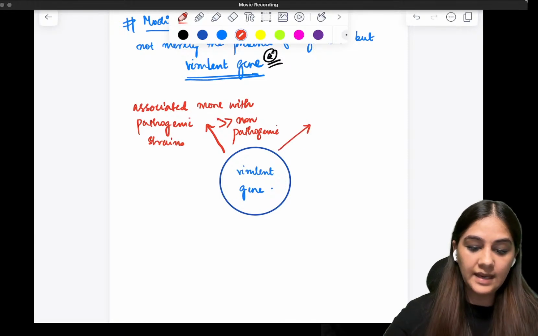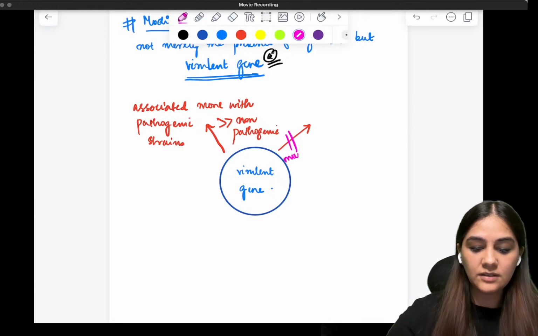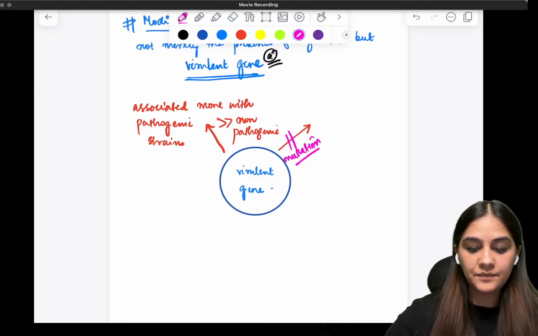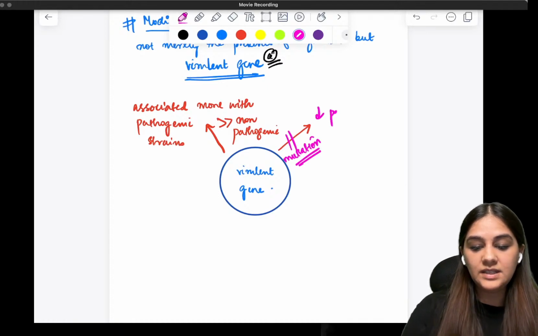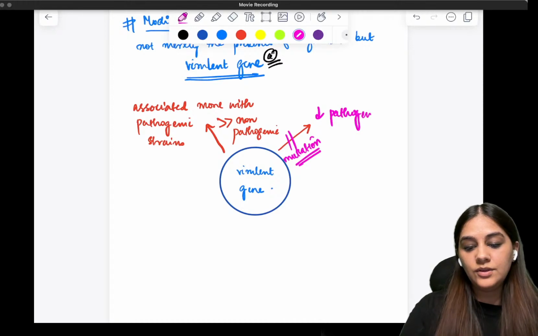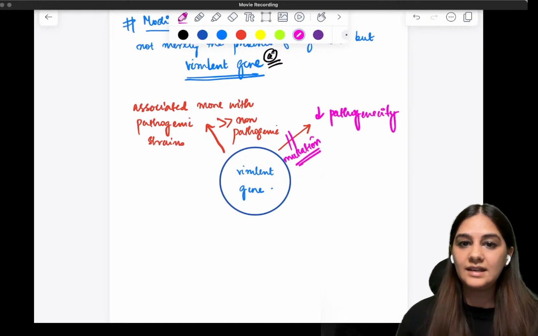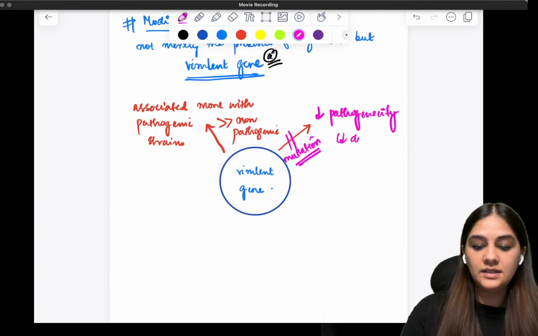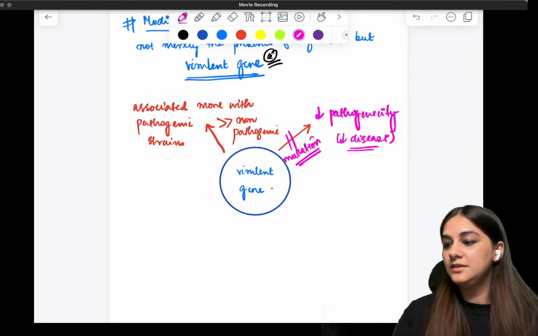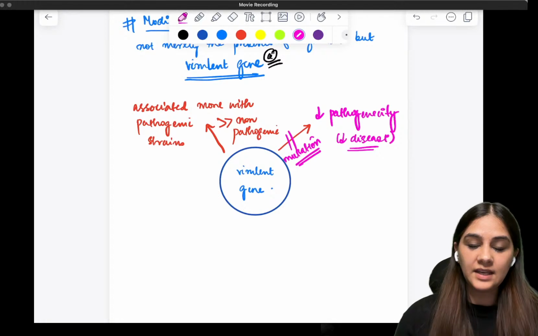Then they said that if some mutation takes place in this virulent gene, what is going to happen? It is going to decrease the pathogenicity. That means it's going to decrease the amount of disease that it is going to produce in the person. Can everybody hear me? Yeah. Okay. So that is the second one that they said.